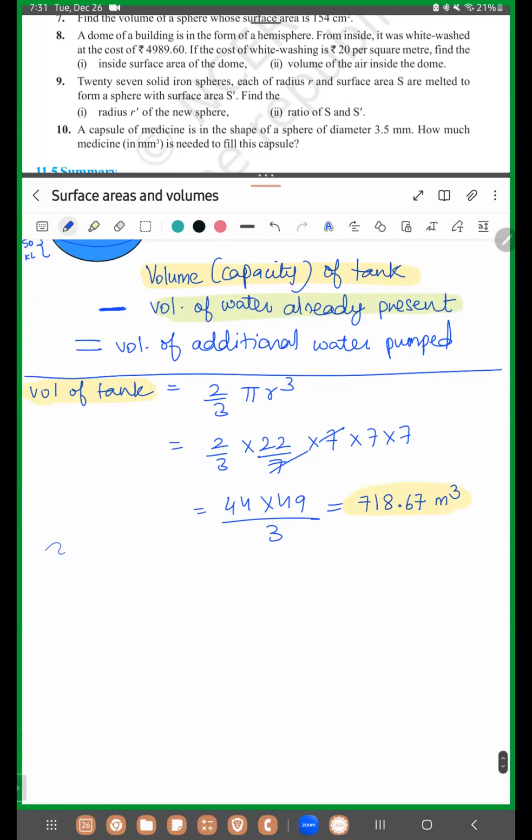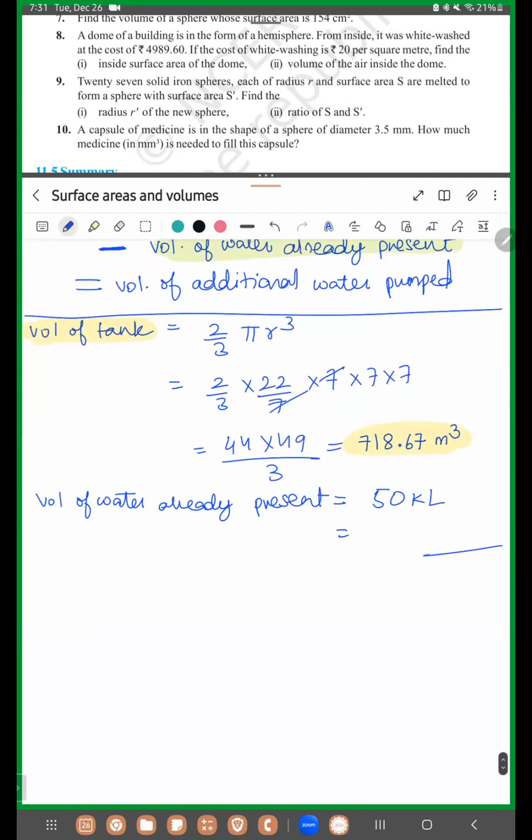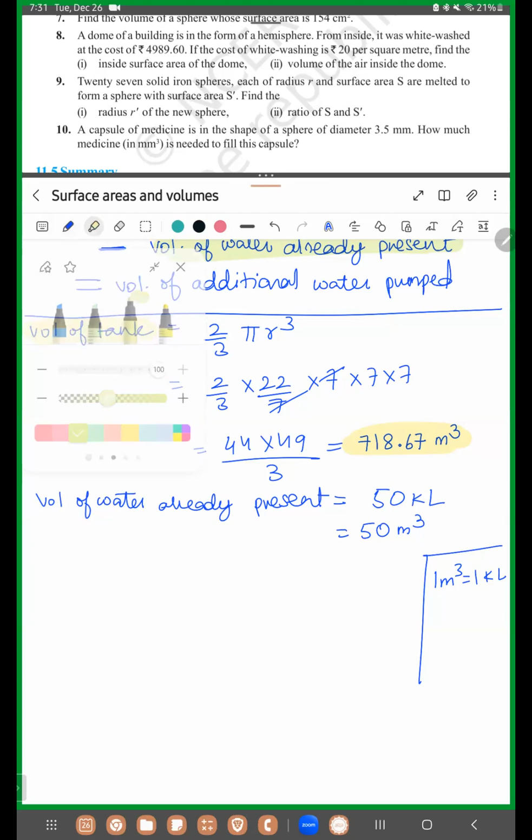Now volume of water already present is equal to 50 kiloliters given in the question, and we know that 1 meter cube is equal to 1 kiloliter. We discussed this in the very first class. So 50 kiloliter means 50 meter cube. So this is the volume of water that is already present.